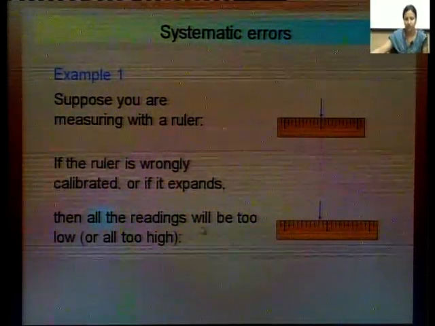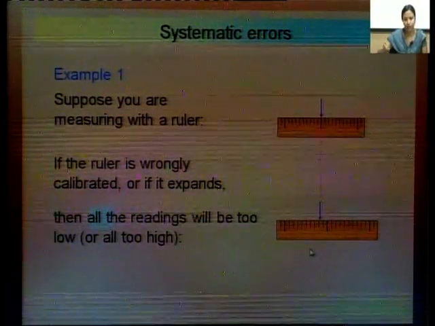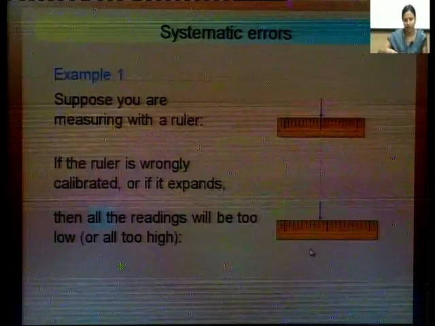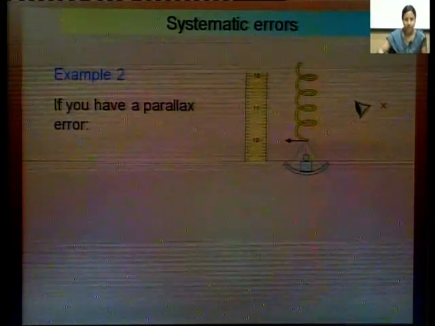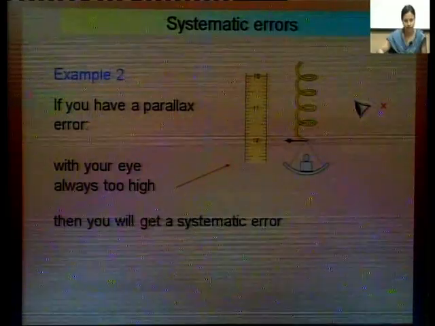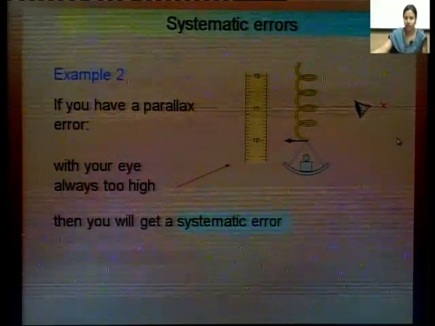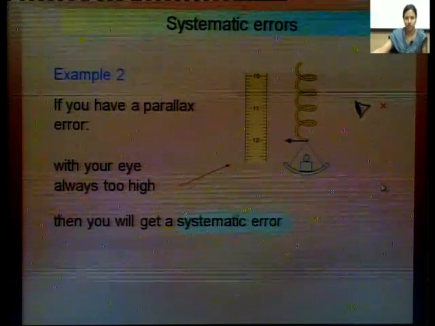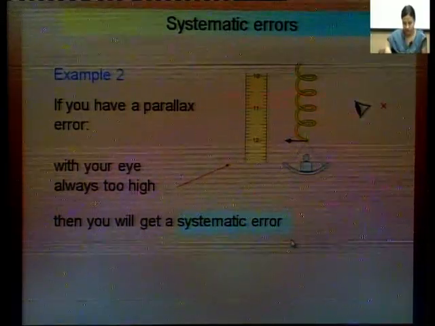Then all the readings will be too low or too high, depending upon what type of error, either positive or negative. Second, you have already studied this parallax error. It also comes under systematic error. So your eye should be at this point, not at this, not at here. So this gives rise to systematic error, that is parallax error.